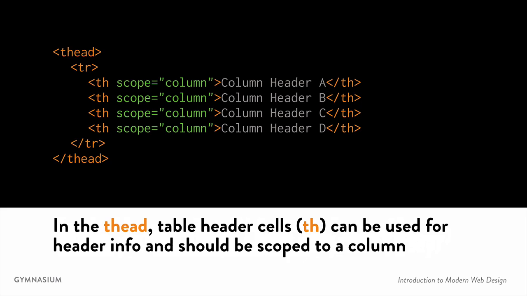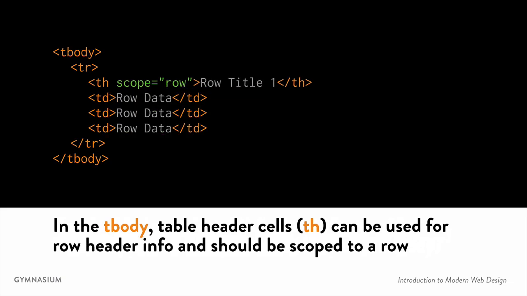This makes sense as they're contained within the T-head element. Inside of a table body, we might have a TH that's operating for the row, in which case it would be scoped to that row within the TR element. In both of these instances, when the content for the individual cells are being read out, the table headers which are scoped to be associated with that particular table cell would also be read out by assistive technology.